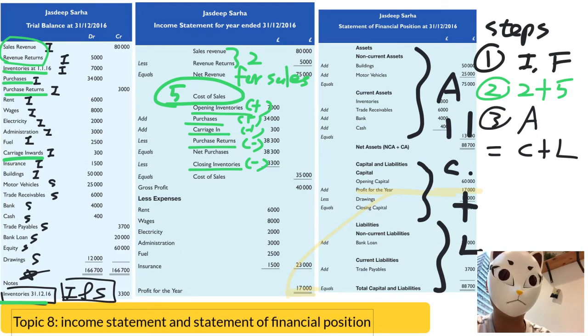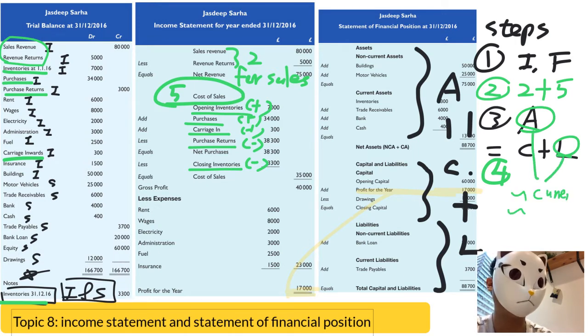Step number 4: for assets and liabilities, they can be differentiated into current, that means within 1 year, and non-current. So you may make use of these 4 steps.